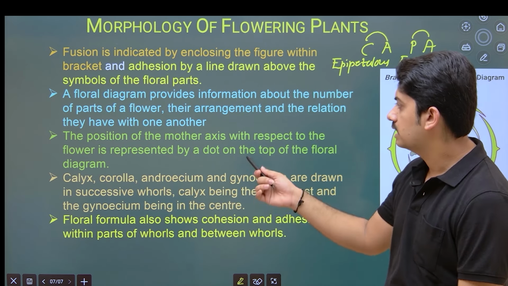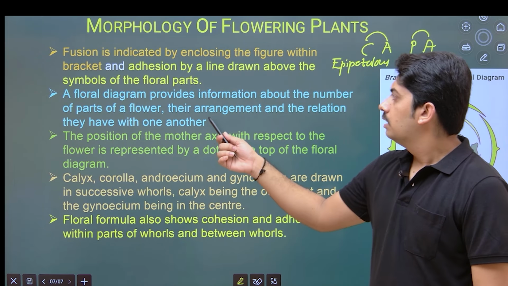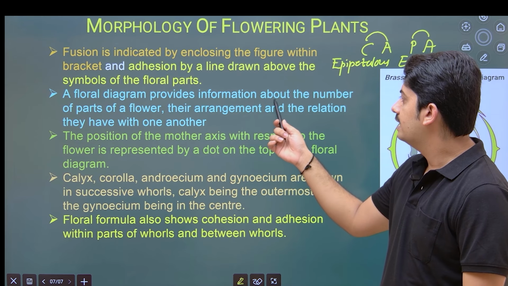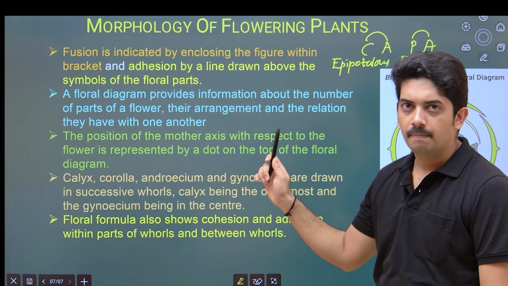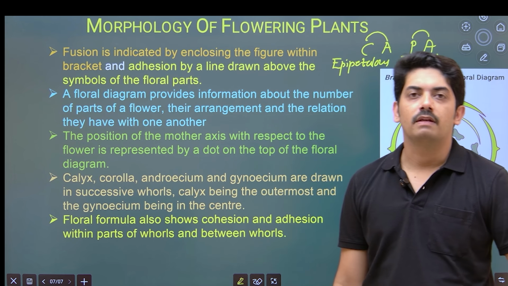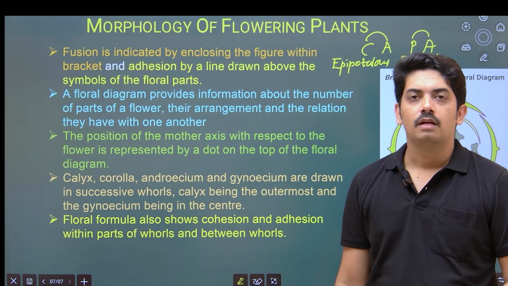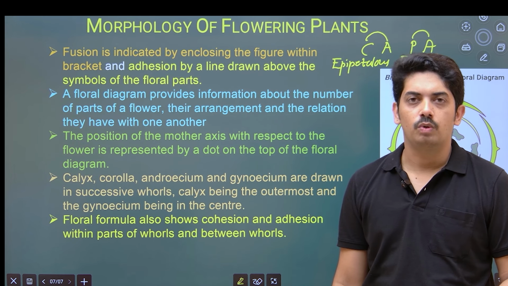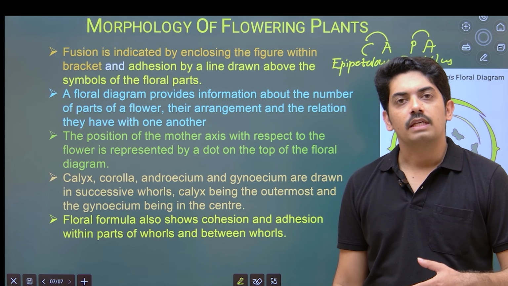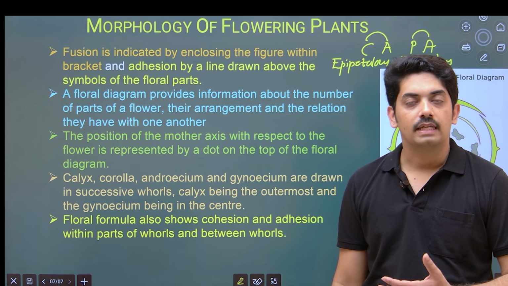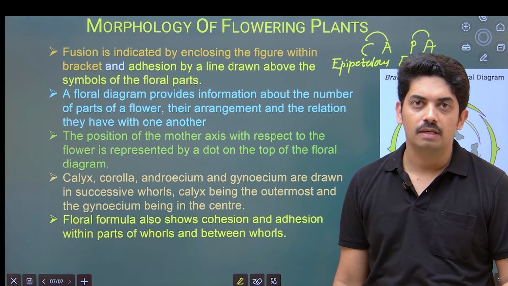Now observe the next point. The floral diagram provides information about the number of parts of the flower, because sometimes a flower may be unisexual. It may not have Androecium, only Gynoecium is present, or sometimes calyx and corolla cannot be differentiated.